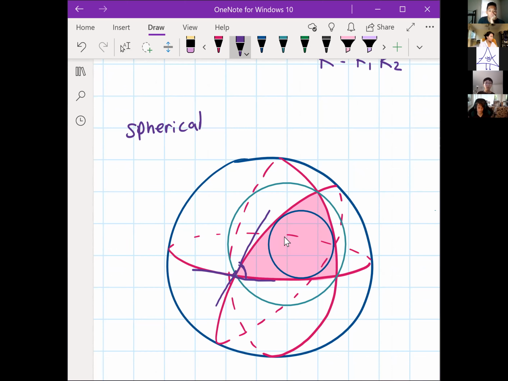If we choose, say, two points on the sphere, then the line between them is going to be the great circle. These are the circles that are like equators. And using this definition of a line, we can still have triangles on the sphere. Triangles look sort of like this pink triangle.